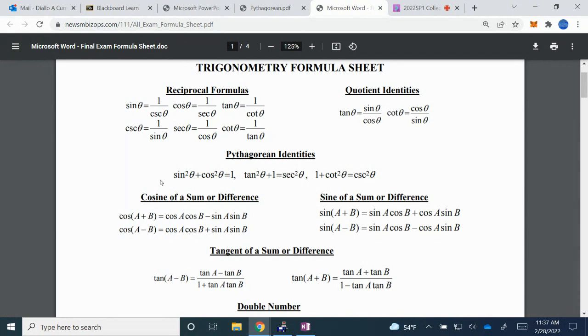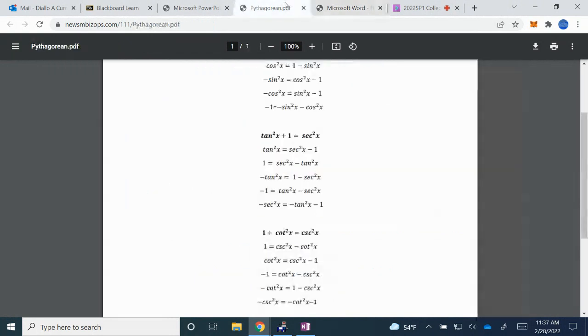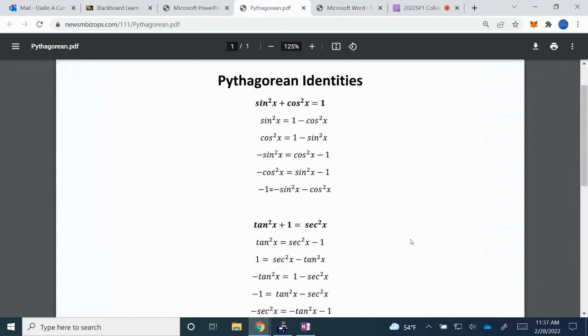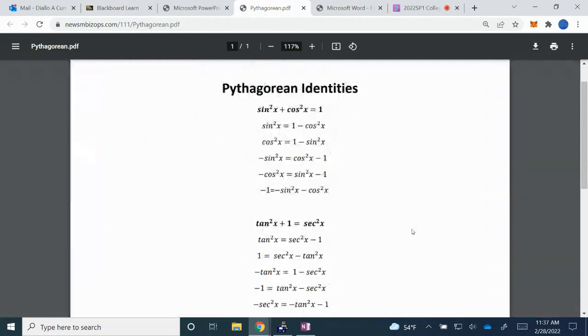There is also a Pythagorean identity sheet, and I want to explain what's going on in this identity sheet. Here we have that first Pythagorean identity: sine squared x plus cosine squared x is equal to 1.